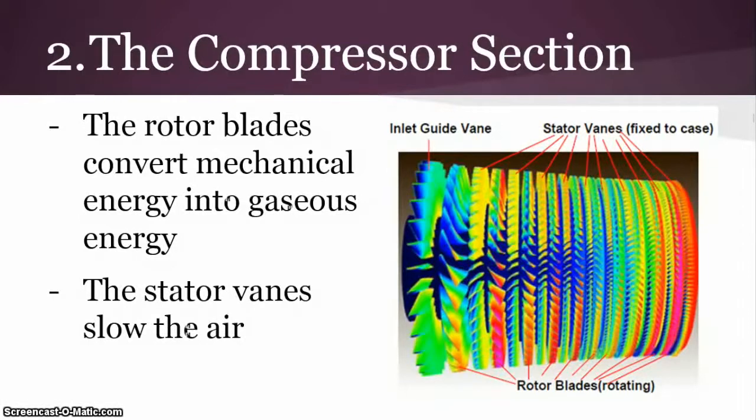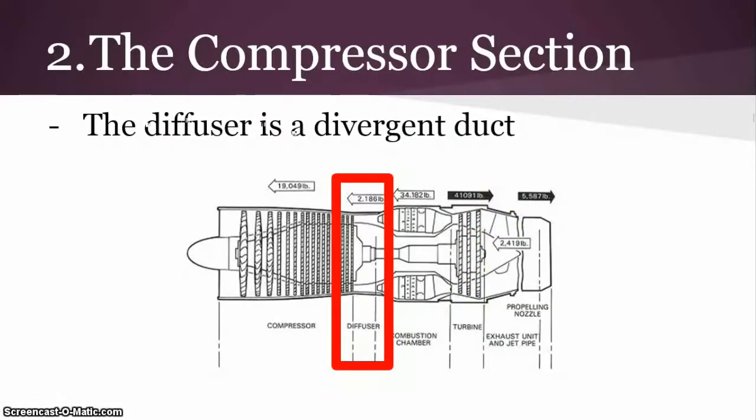Generally, the compressor rotor blades convert mechanical energy into gaseous energy. The stator vanes slow the air by means of their divergent duct stage, converting the accelerated pressure to higher static pressure, and this process is repeated. The air then enters the diffuser section of the engine, which is a very divergent duct.